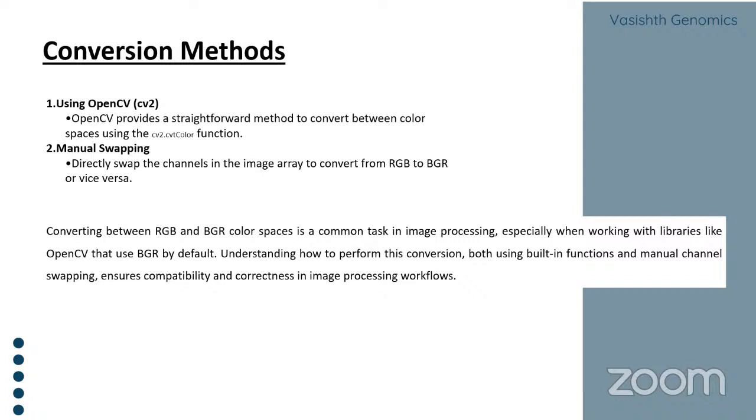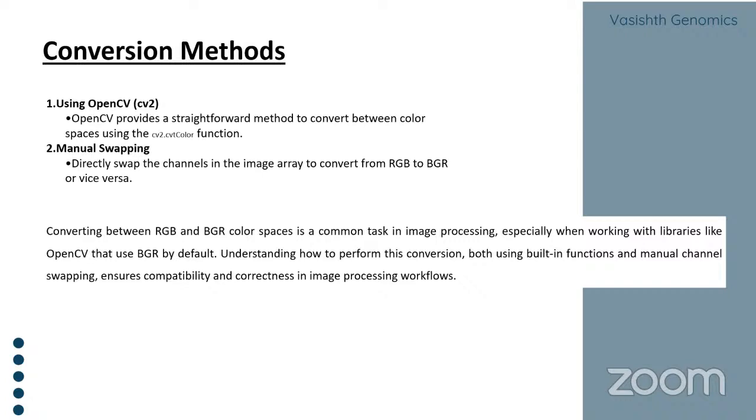So converting between RGB and BGR color space is a common task in image processing, especially when working with libraries like OpenCV that use BGR by default. Understanding how to perform these conversions, both using built-in functions and manual channel swapping, ensures compatibility and correctness in image processing workflows.